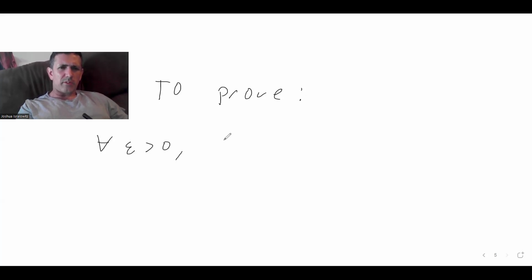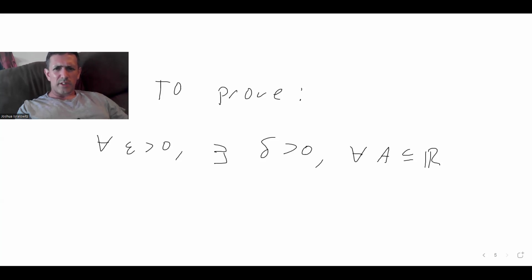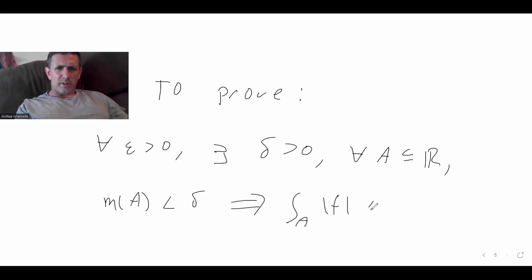For any epsilon bigger than 0, there exists delta such that for any subset E of R, because that's what the problem asks, but this works for any E, if the measure of E is less than delta, then the integral is less than epsilon.